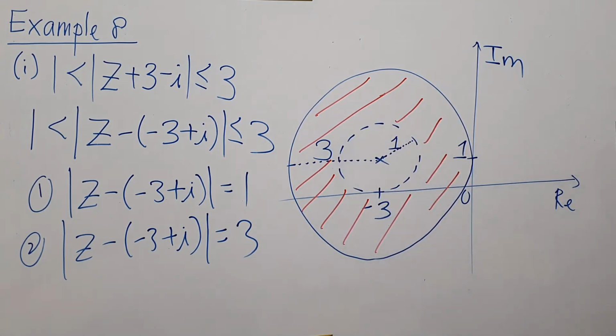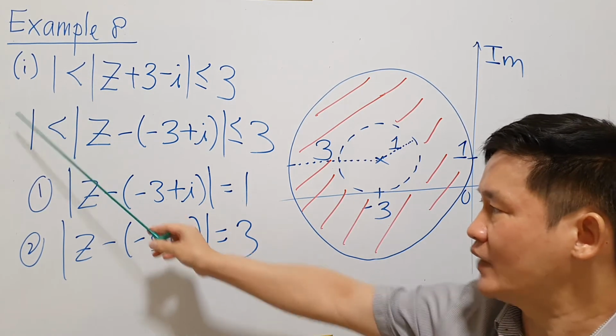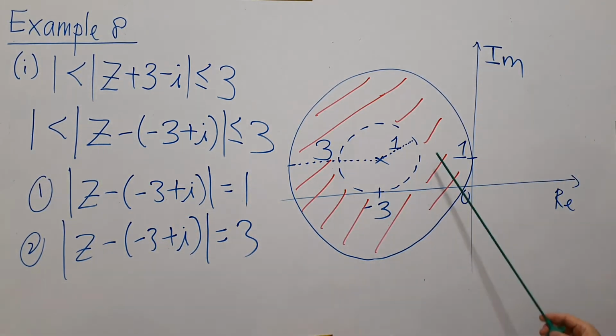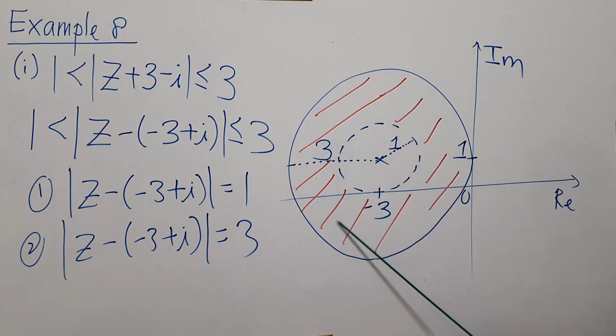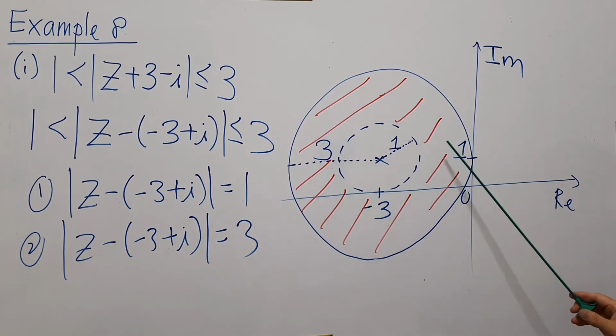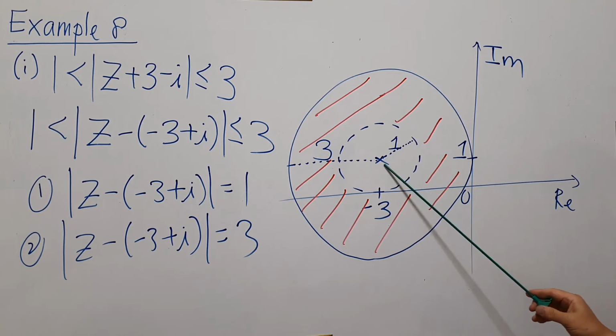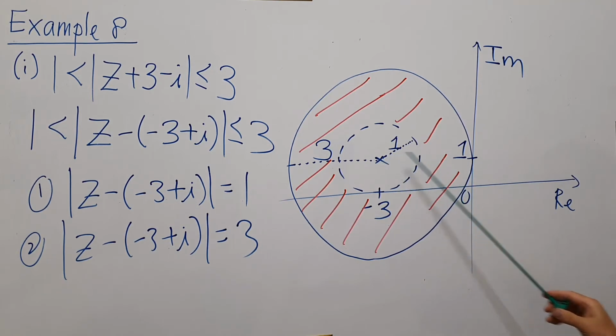So you find that in the case of inequality, the only difference is you have to do shading. The locus of the point z that satisfies this inequality will be all the points inside the red shaded region. For every point inside the shaded region, the distance from the center will be more than 1 and lesser than or equals to 3.